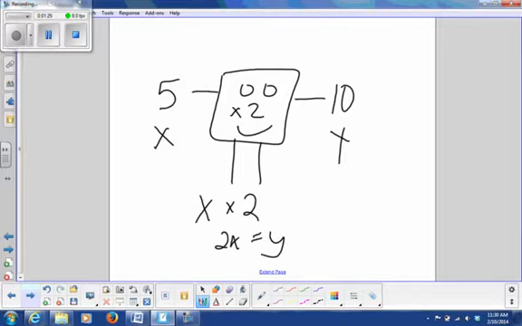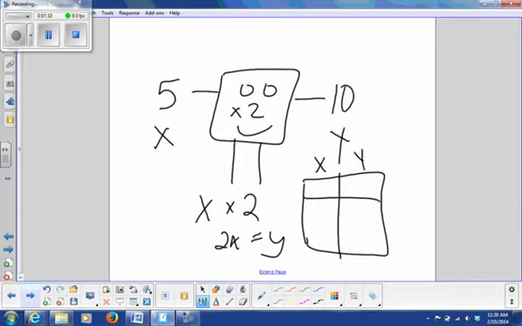So I can have any number for x I want, and if I know my rule, then I'll be able to find out my y. Here's my x's, and give me 3 numbers to go in here. Chris. And 5?